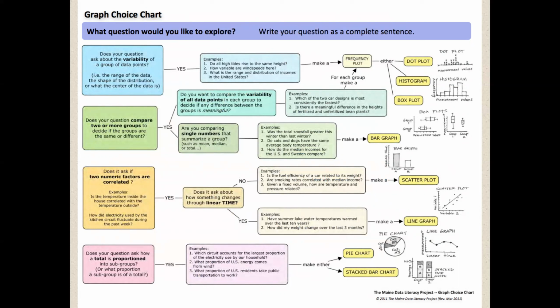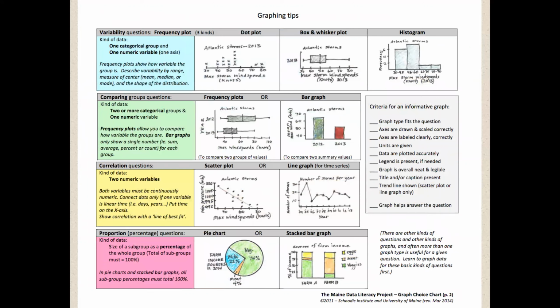And to some extent, it makes it appealing and intellectually interesting to have more than one graph on the same project. So here are just some tips related to those. And on the right, you see these are some criteria for information that should be on a graph.